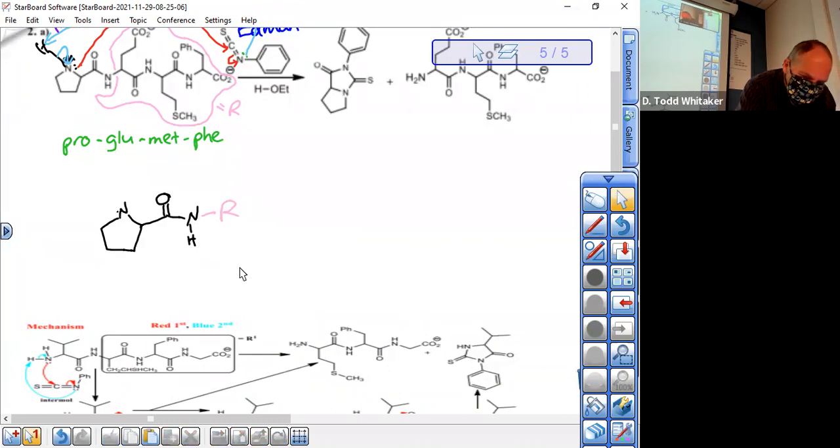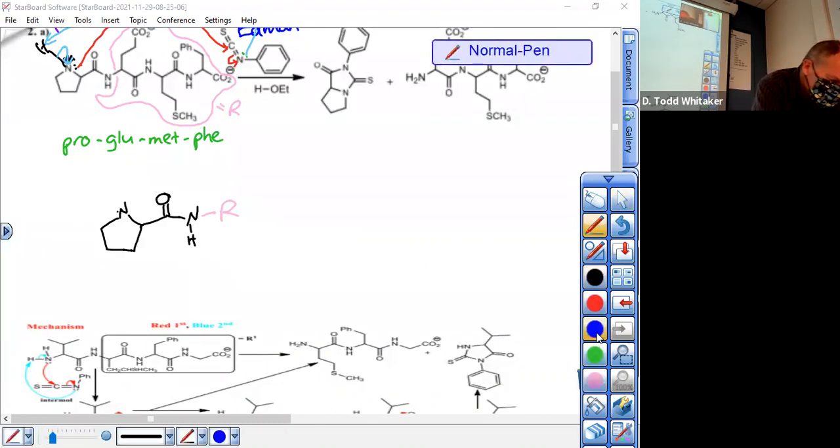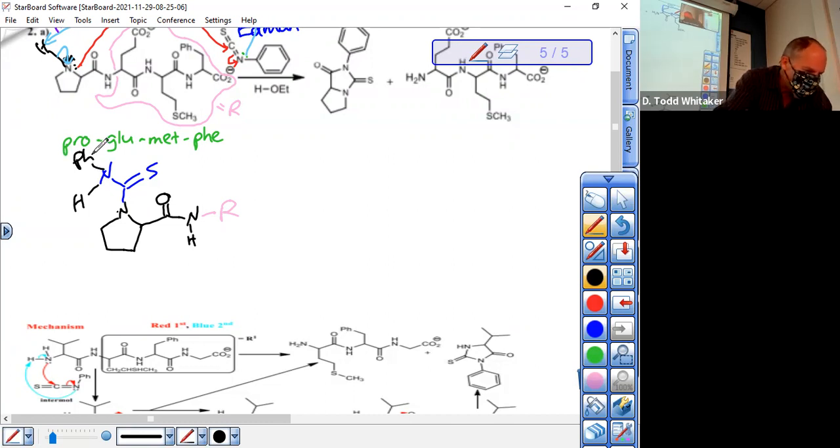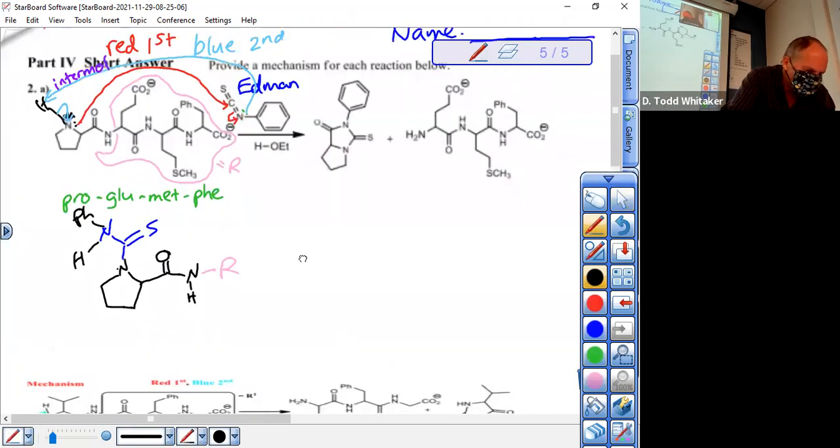The N is attached to a carbon that has a double bond to sulfur still, and a single bond to an N that now has an H, and the N has a phenyl. I think that's what we have. Yep. Phenyl, N with a new H from this bond. And there you go, everything else.